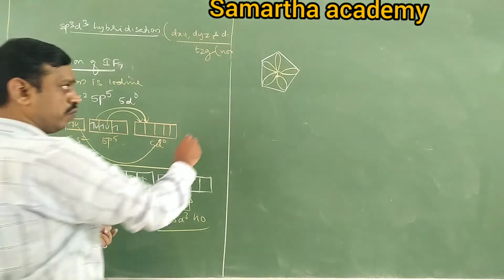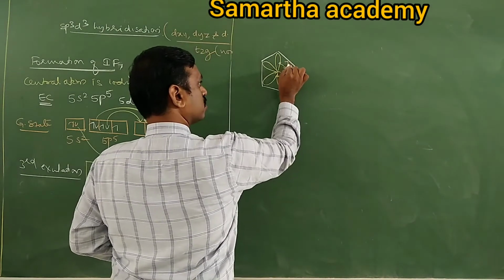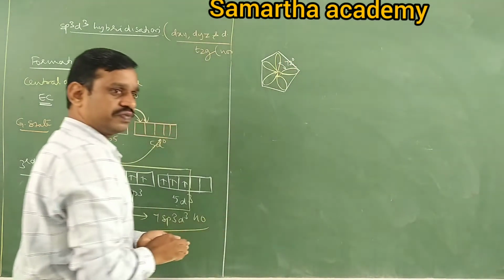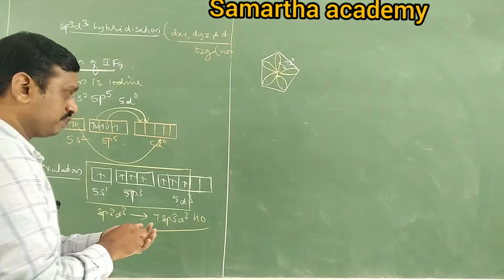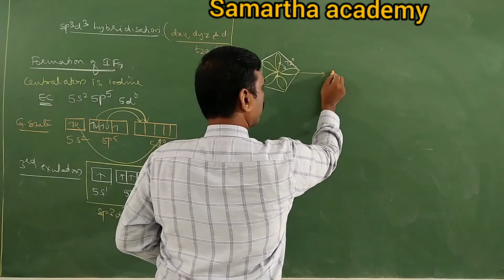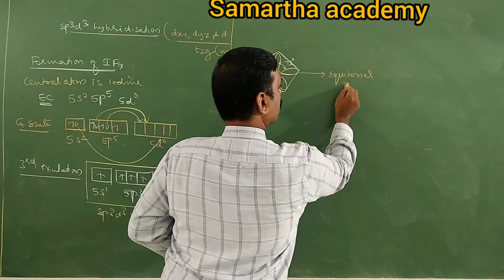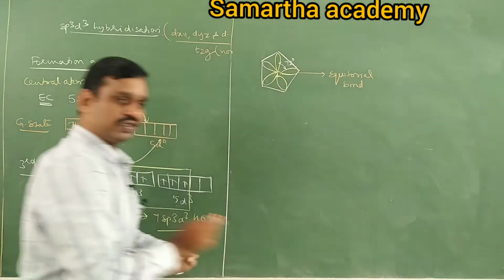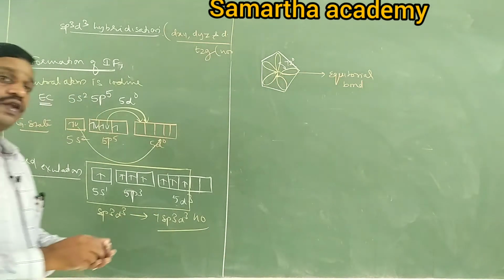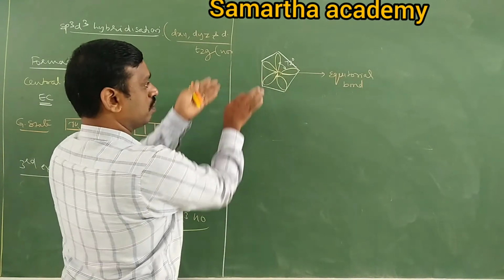Then what is the angle between any two orbitals? It is 72 degrees. Now these five are called what? Equatorial or axial? Equatorial orbitals. Then what about the remaining two? Axial. One is above the plane, the second one is below the plane.